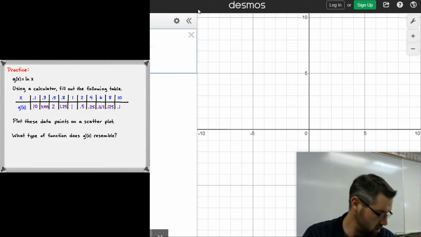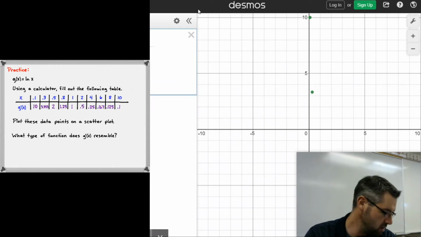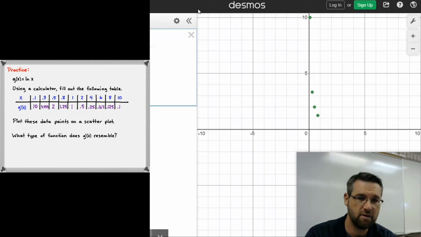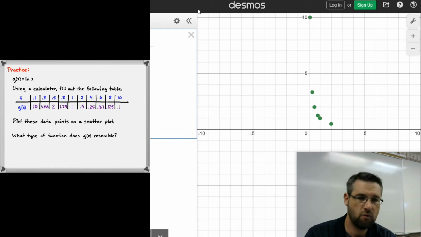So 0.1 is 10, 0.3 is 3.333, and I'm assuming that's going to repeat. 0.5 is 2, 0.8 is 1.25, 1 is 1, 2 is 0.5, 4 is 0.25, 6 is 0.167.